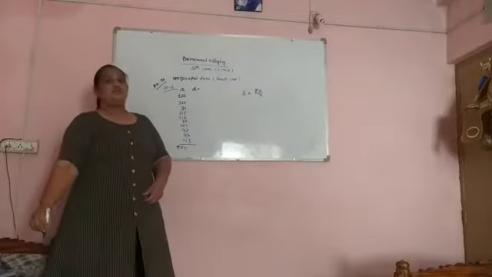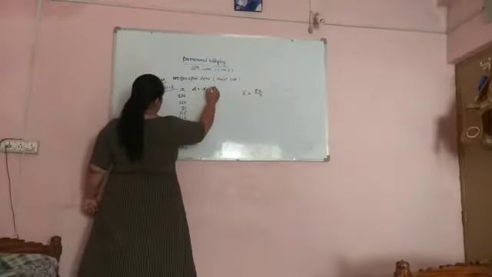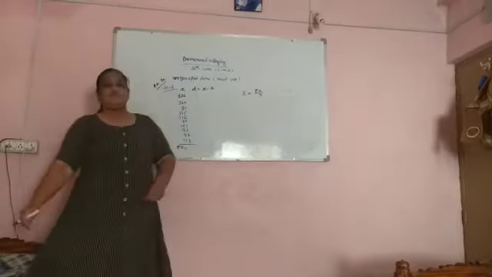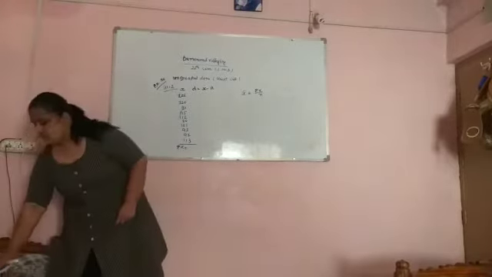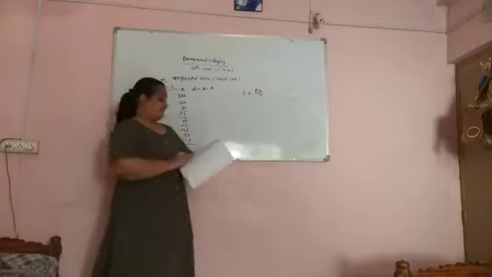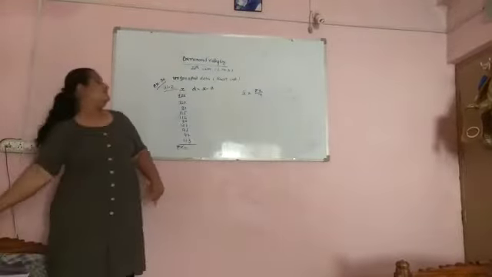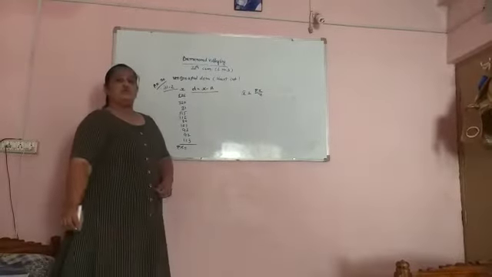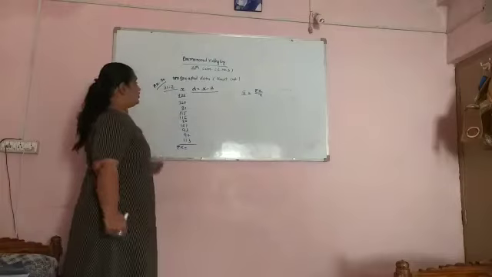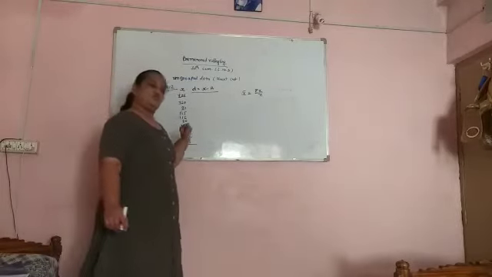In the shortcut method we should take a d. d is equal to x minus a. x is your observation and a is your assumed mean.